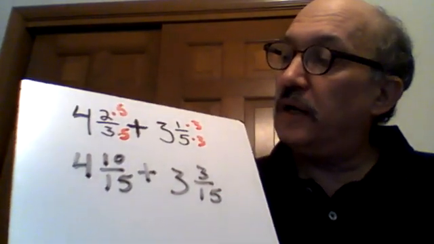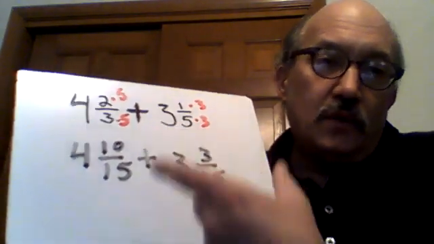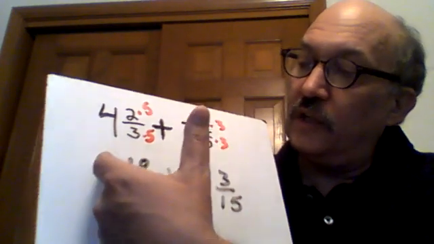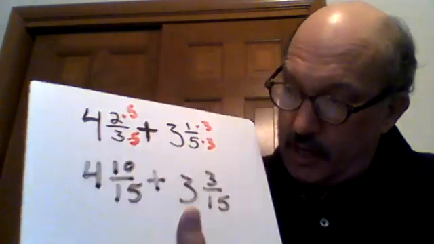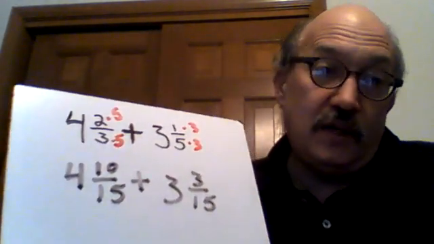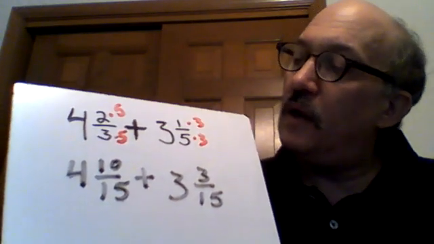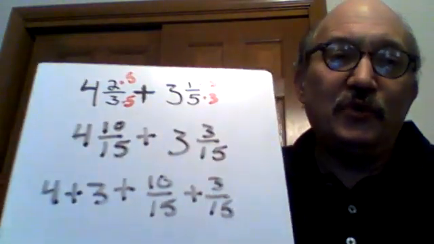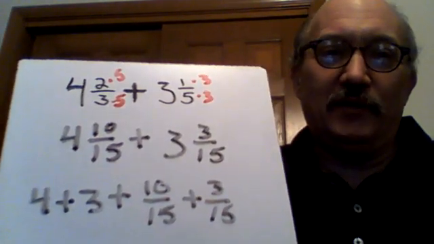Generally, students learn to write these vertically. And when you write them vertically, you would add the 4 and the 3, and then you would add the 10/15 and the 3/15, and you'd have your result. But I'd like to suggest this, that when you write them vertically like that, you're really using the associative and commutative properties.